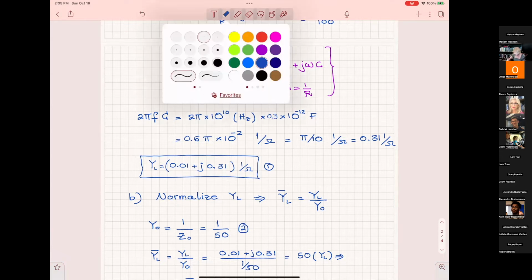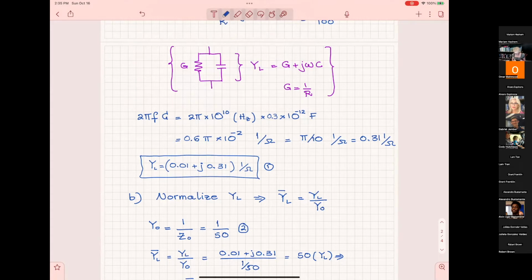Now I have to use my calculator. It's going to be pi divided by 100 multiplied by 0.6.